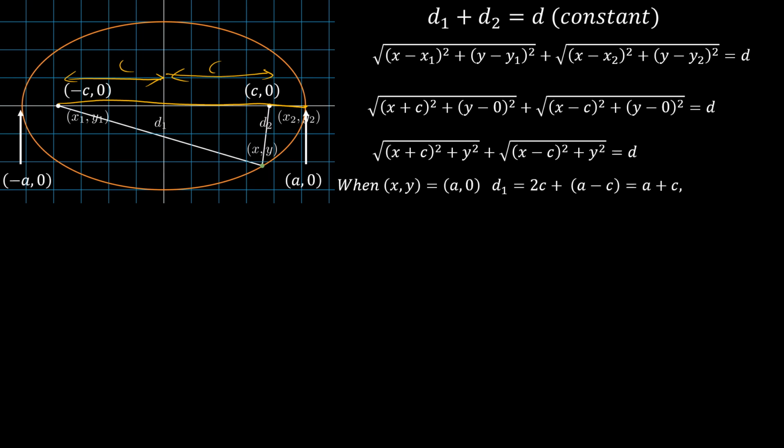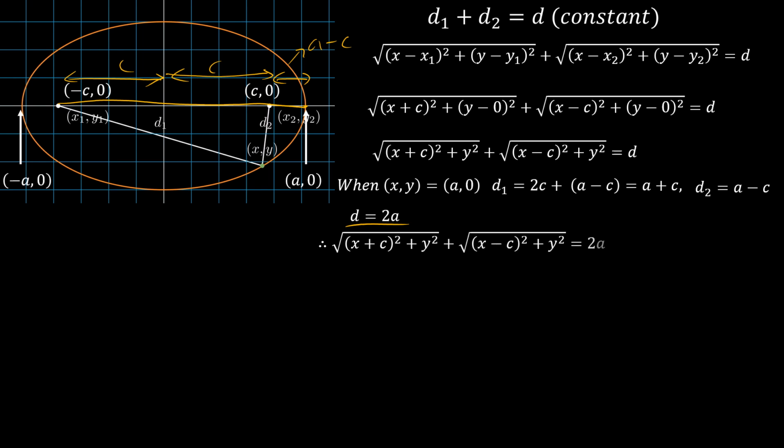So d1 is 2c plus a minus c, which equals a plus c. Then d2 is just going to be equal to a minus c, because it's again this distance here. So the constant distance is a plus c plus a minus c, which is 2a. So d is 2a, and therefore the square root of (x plus c) squared plus y squared plus the square root of (x minus c) squared plus y squared equals 2a. So we've found that our d is now 2a.